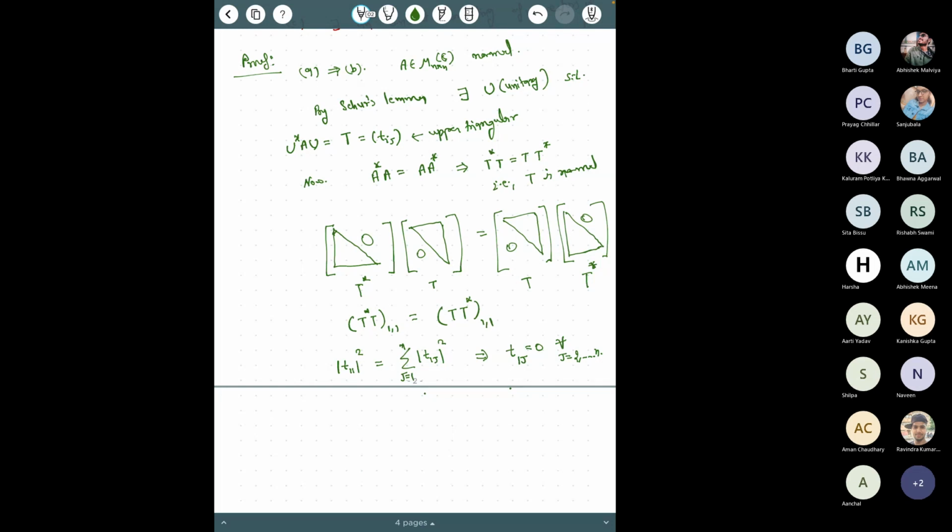Similarly, if you compare, let's say, the 2 entry of this. What is the 2 entry of T star T?